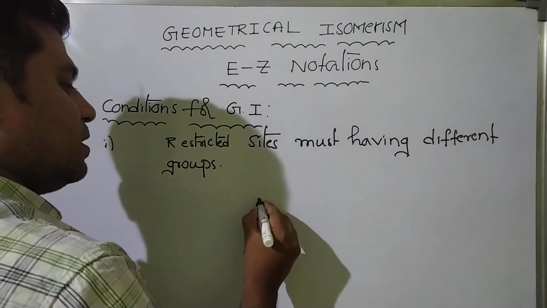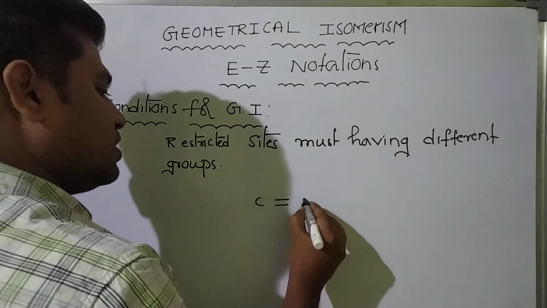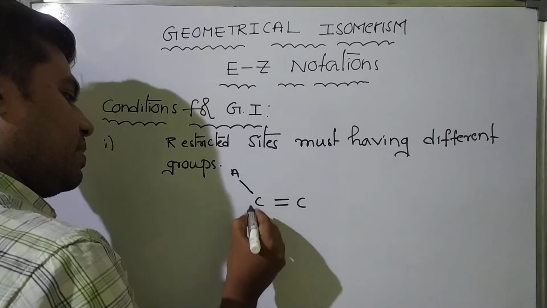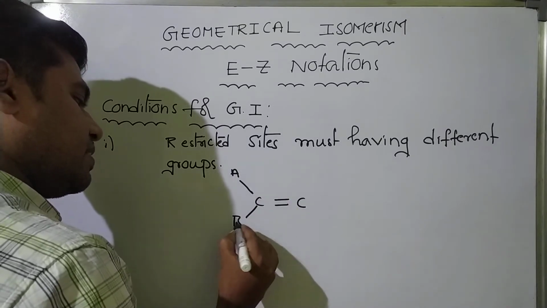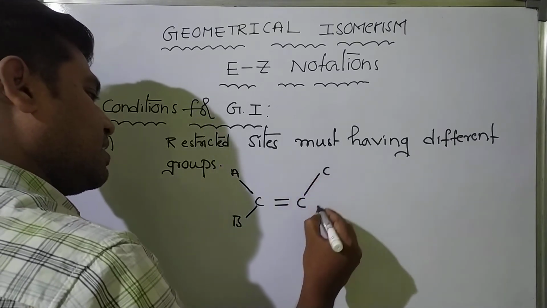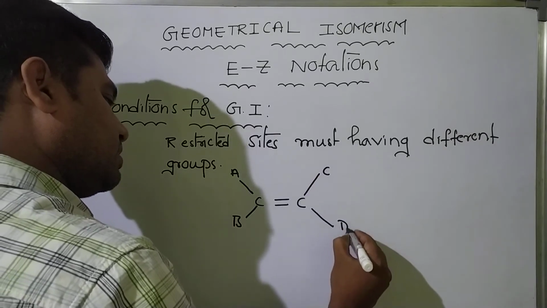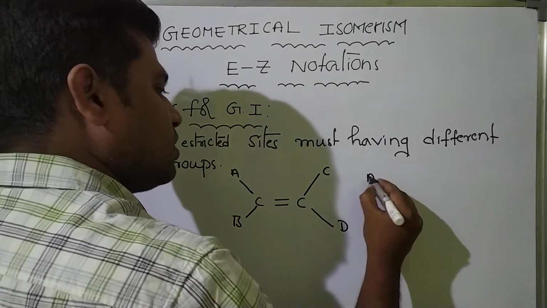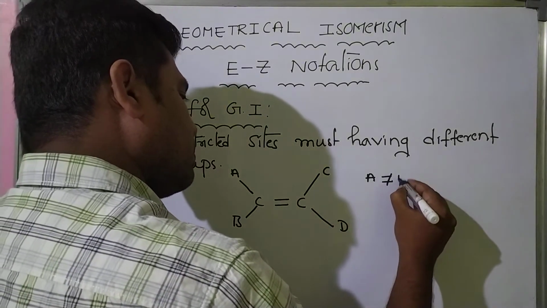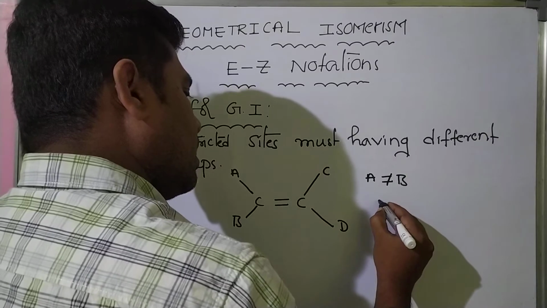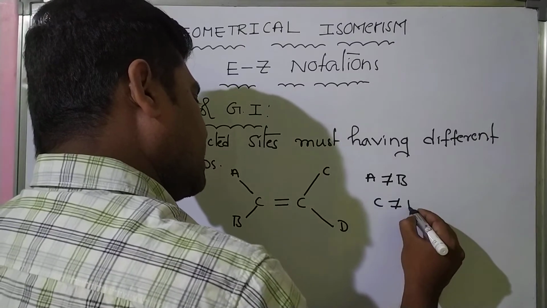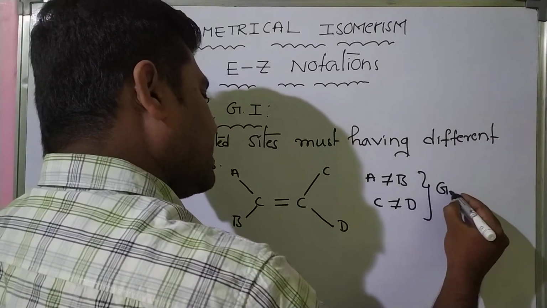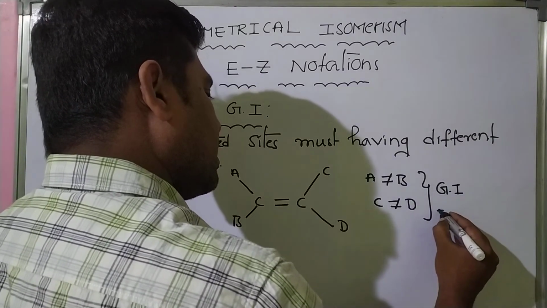Let one example be C double bond C. So this is A, this is B, this is C, this is D. Now A is not equal to B and C is not equal to D, then only geometrical isomerism is exhibited.